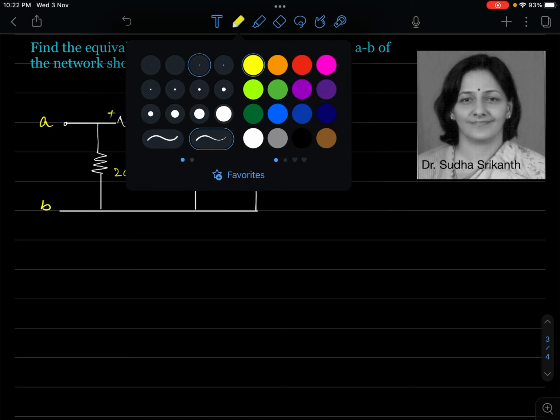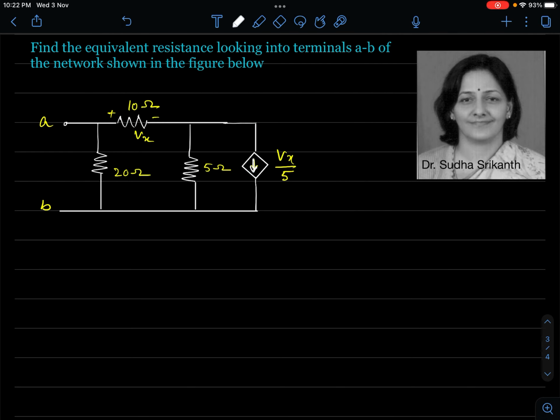Let us try to consider this situation. I'm justifying how the voltage across the current source itself is the equivalent resistance. See, I have connected a 1 ampere current source. So what I mean to say is, I will say that there is an equivalent resistance, R equivalent. This is my A and this terminal is my B. Okay, so this terminal A is at a potential VA.